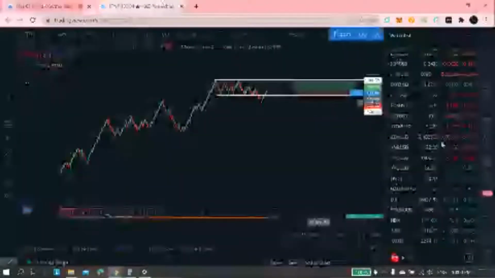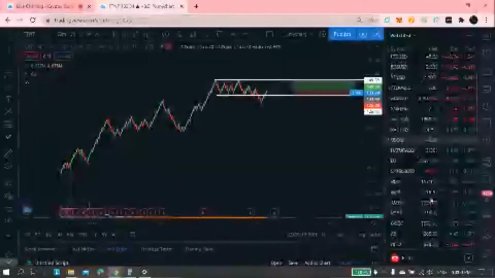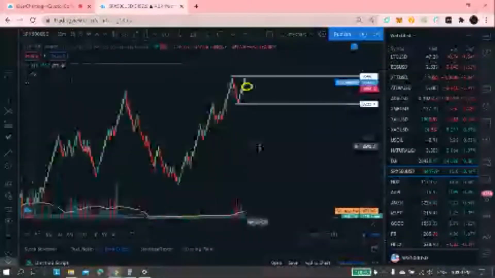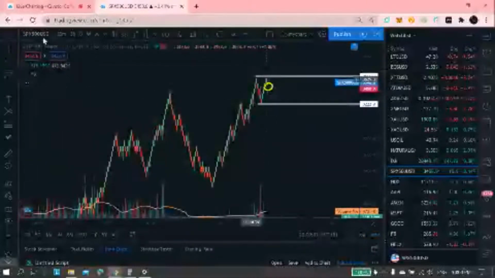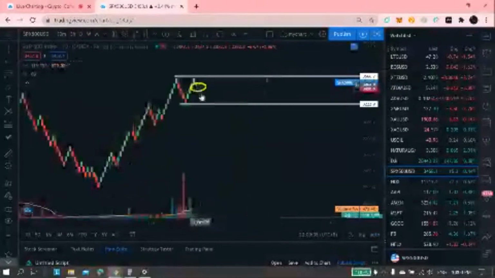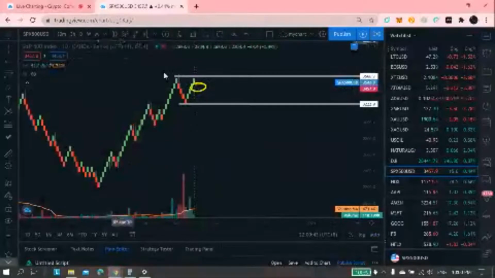Oh, it's not this. It's actually not yet confirmed. The Renko is not yet confirmed. So this could still possibly become a bullish Renko as long as it's not yet confirmed.